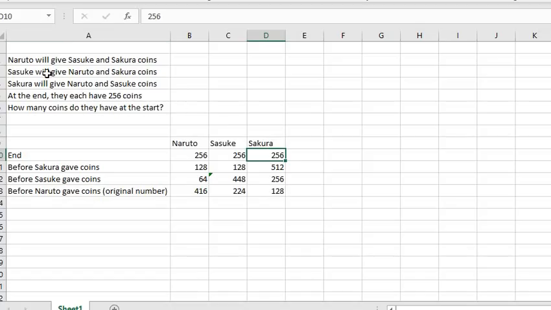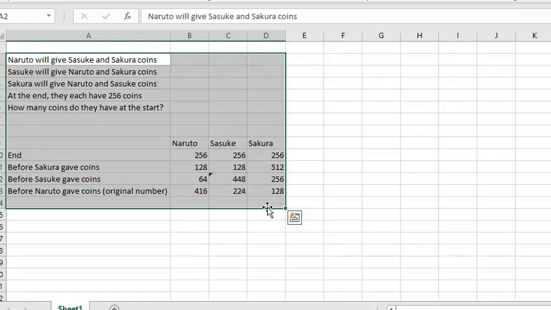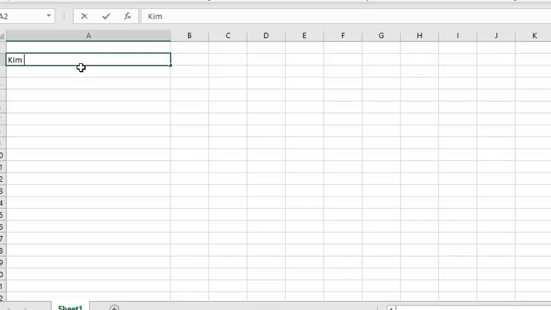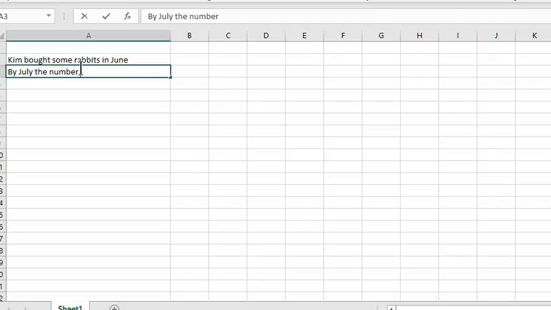So we again use our Excel file to solve this problem. So what we know is that Kim bought some rabbits in June. And then by July, the number is 4 times the number of rabbits in June.